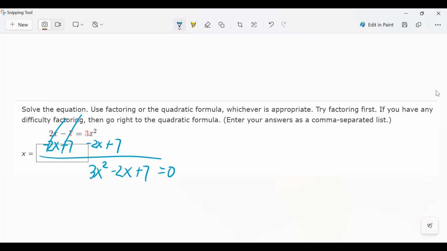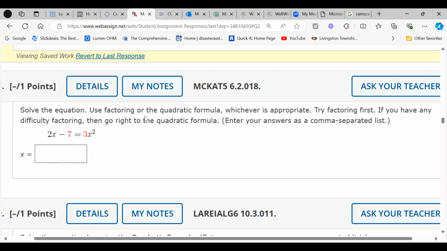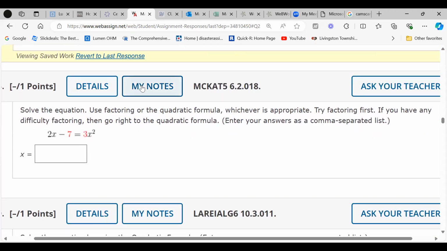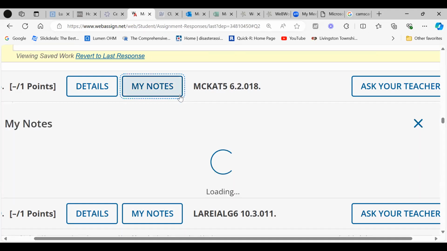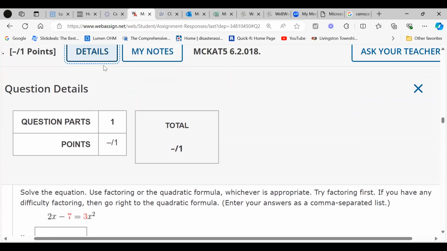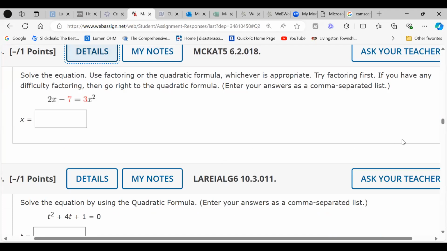Solve the equation by factoring. Can we factor? Let me check what answer they want. There's no real solution here, only complex solutions.